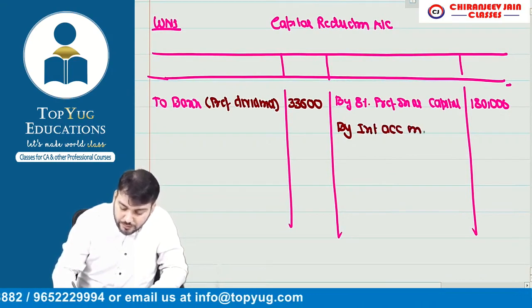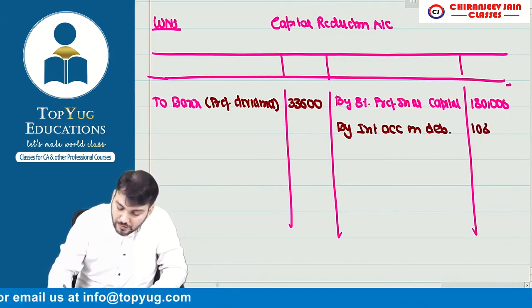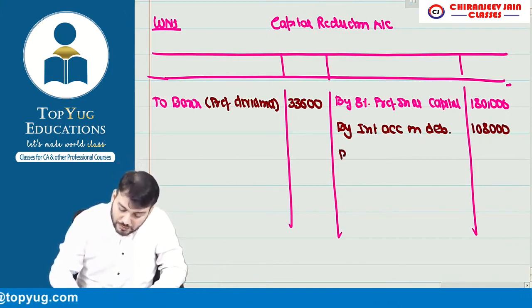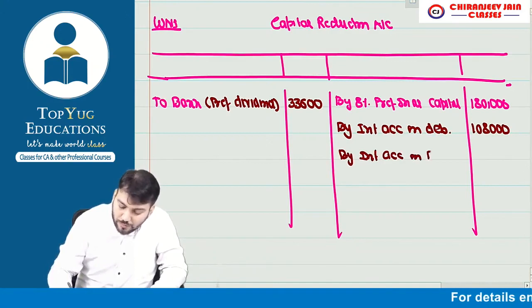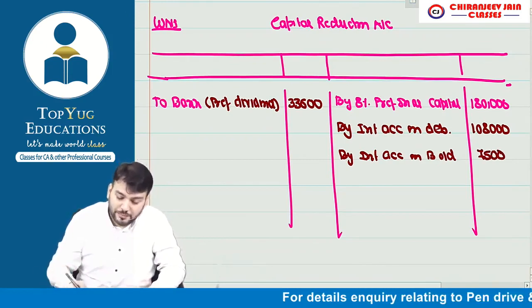Then we have done by interest accrued on debenture, 1,08,000. Yes sir. Then we have done by interest accrued on bank overdraft, how much? 7,500. Correct.